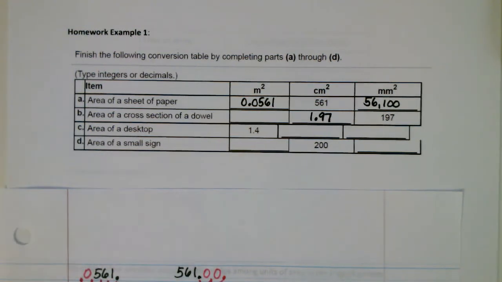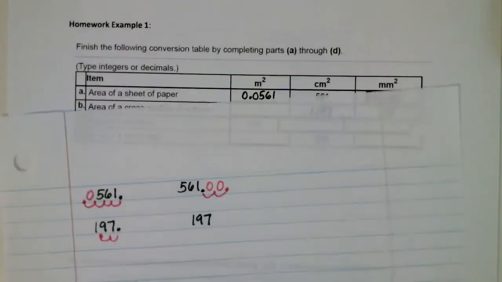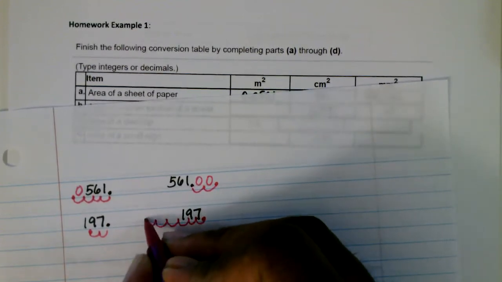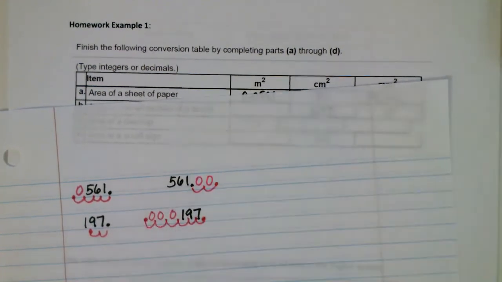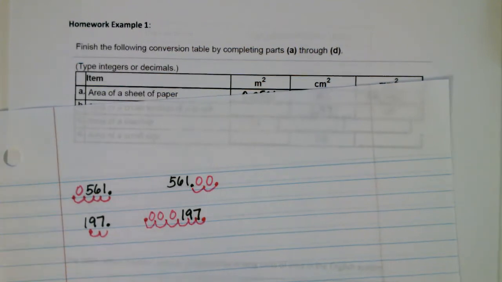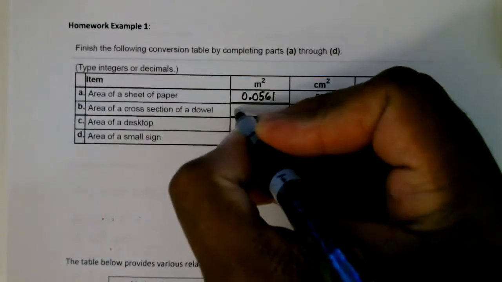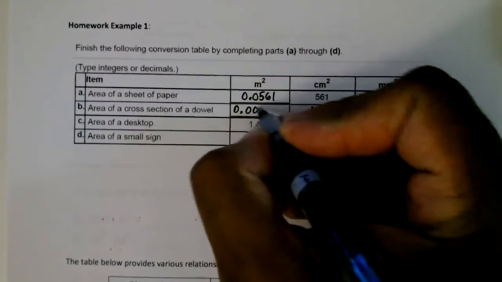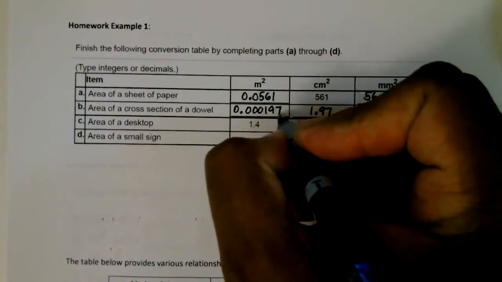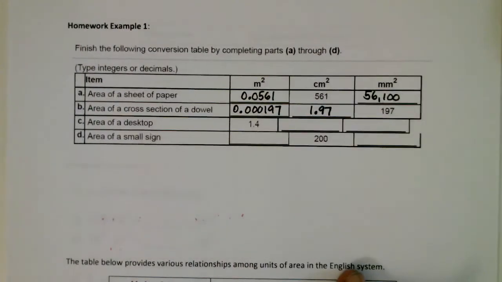In 1.97, I'm going to move that decimal point, which is right here, 6 places to the left. So it'll be 1, 2, 3, 4, 5, 6, and I need to put 3 zeros in front of the 197. So here I'm going to get 0.000197. I'll put a 0 in front of the decimal point.